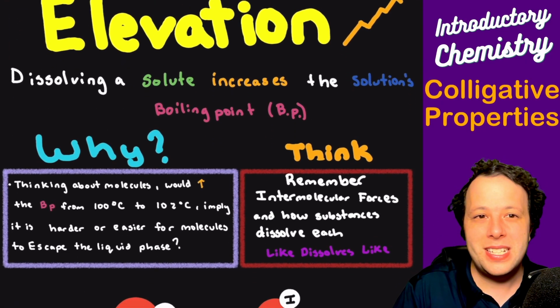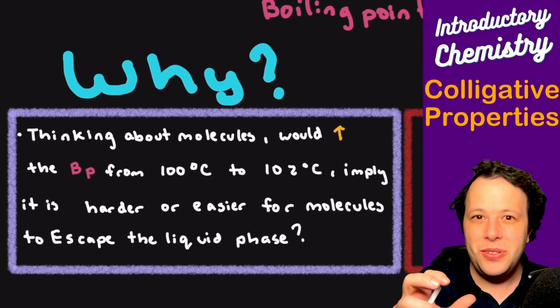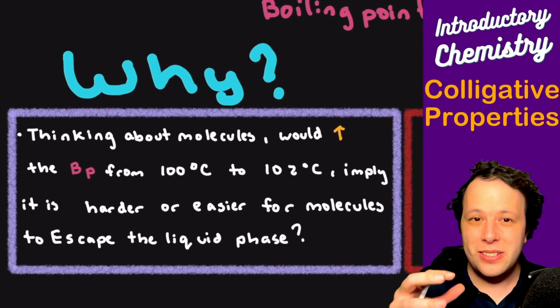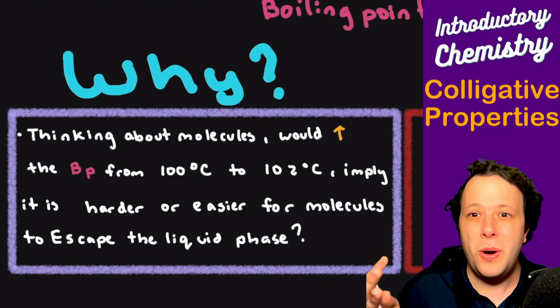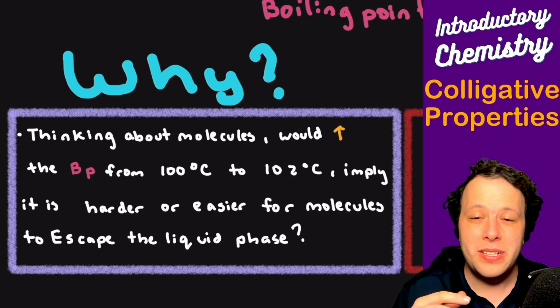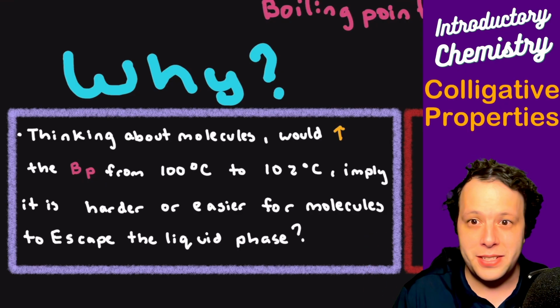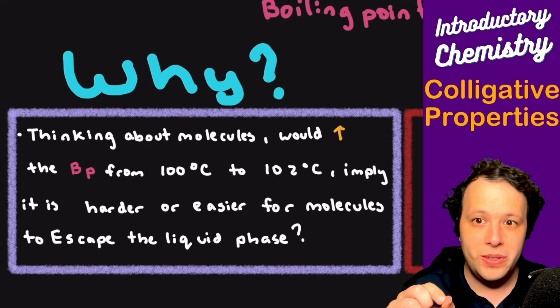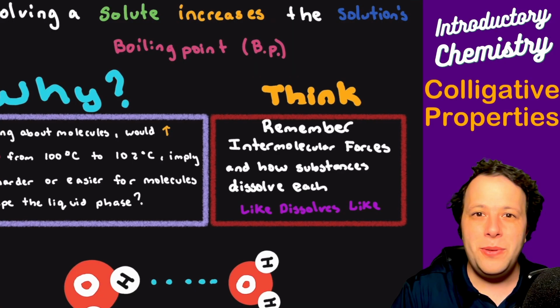Now, why does this happen? When molecules are in solution, why would that change the boiling point? This implies that it's more difficult for a molecule to go into the gas phase. When something boils, it's going from a liquid to a gas.